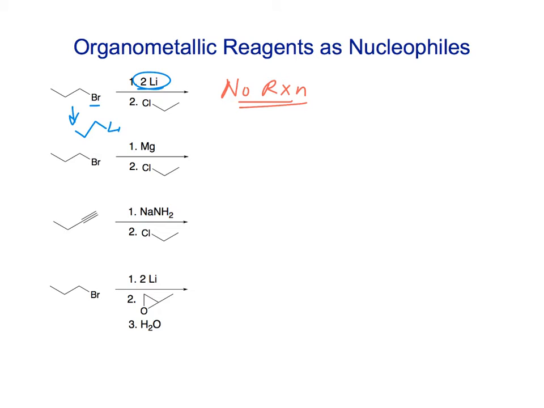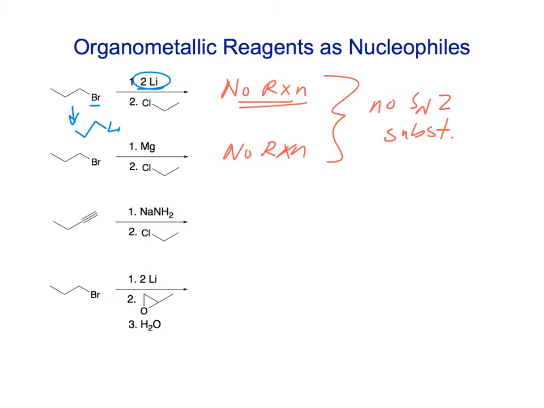So they don't do good SN2 substitutions. Same with the Grignards and alkyl halides: no SN2 substitution. So we can't use it for that.